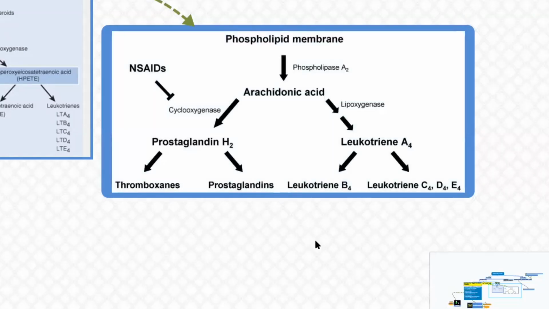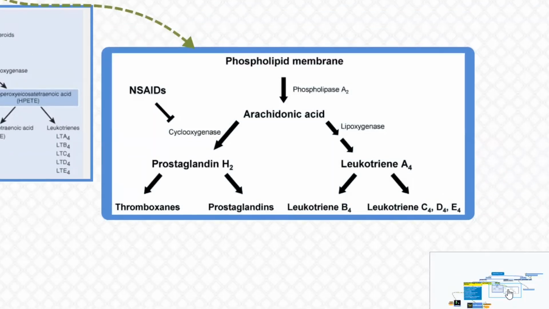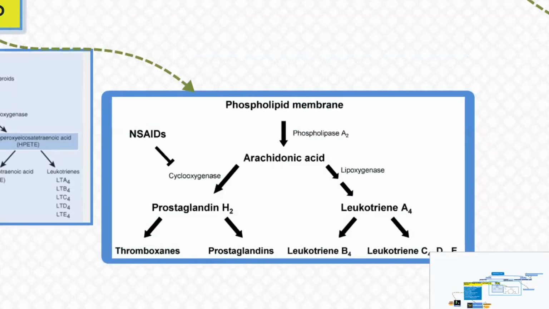My message for today is this: there is a class of drugs called non-steroidal anti-inflammatory drugs, and these drugs basically act on the enzyme cyclooxygenase. The importance of cyclooxygenase is that it converts arachidonic acid into prostaglandin. To quickly revise: you have phospholipid in the cell membrane, and the enzyme phospholipase A2 converts it into arachidonic acid.